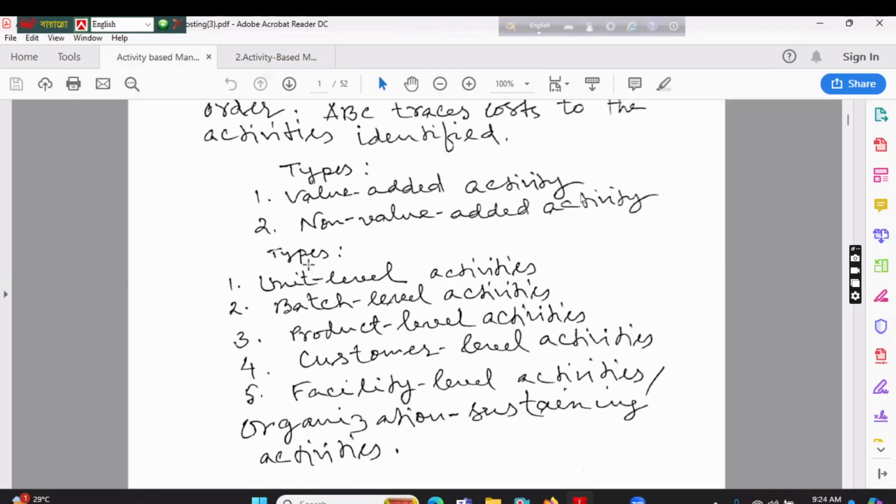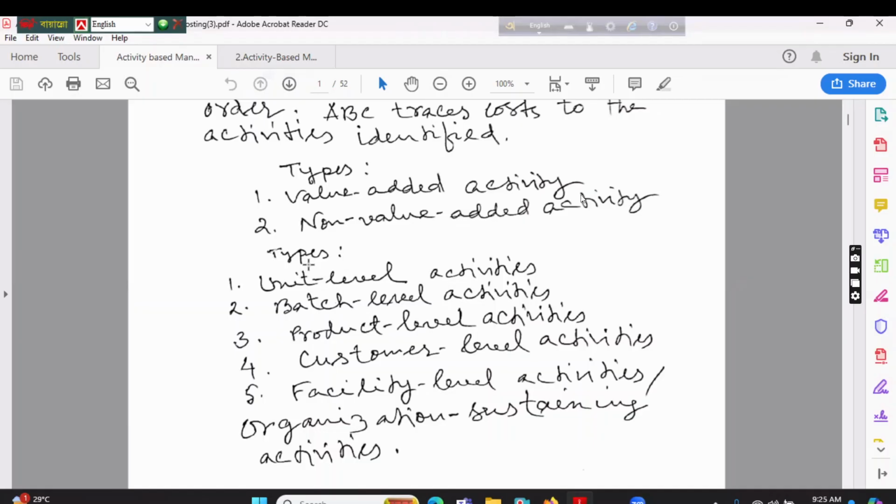In traditional costing and activity-based costing, we can usually trace or identify the direct materials and direct labor. But what about manufacturing overhead?